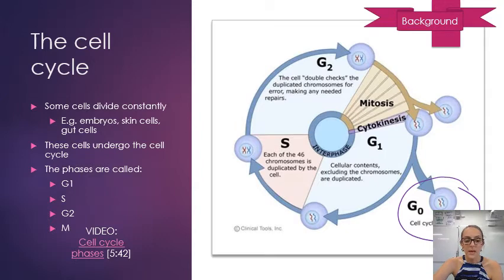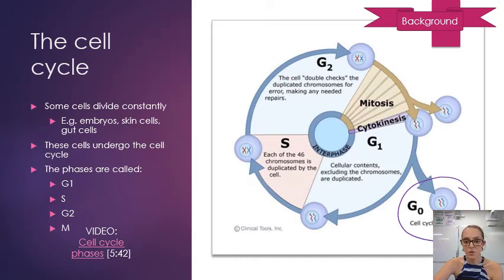Now, some cells are dividing a lot more rapidly than others. So things like embryos, when they're developing, the skin cells and your gut cells in your stomach lining, they're dividing all the time because they're either growing really quickly or they need to be replenished because they get damaged. So the cell cycle is continuing constantly for those cells.